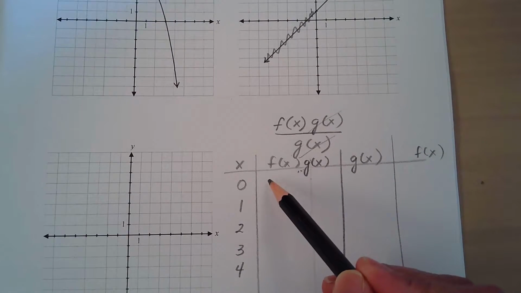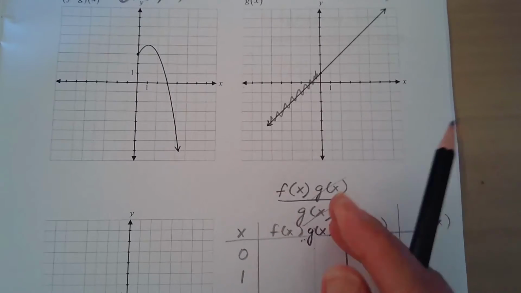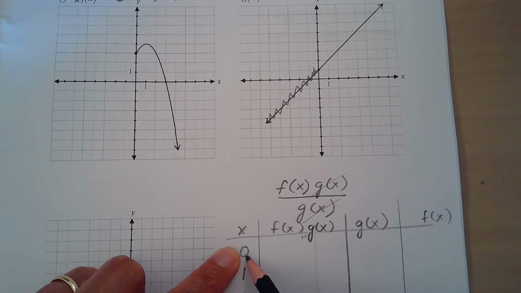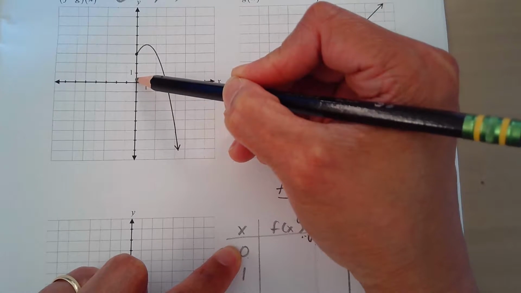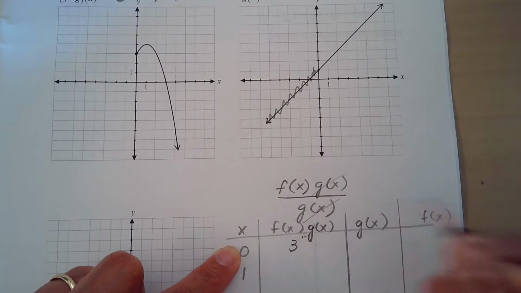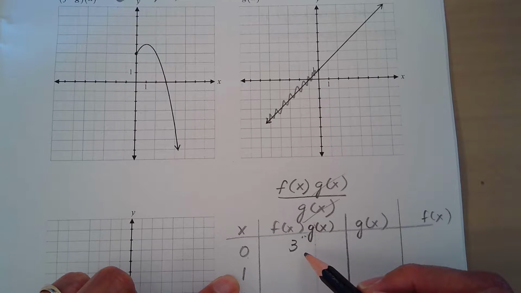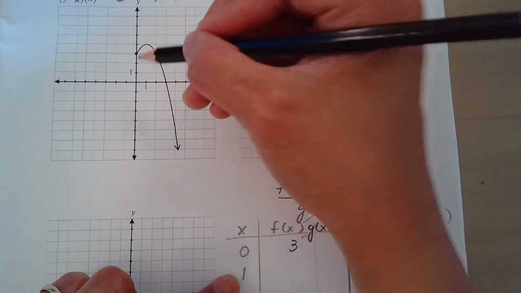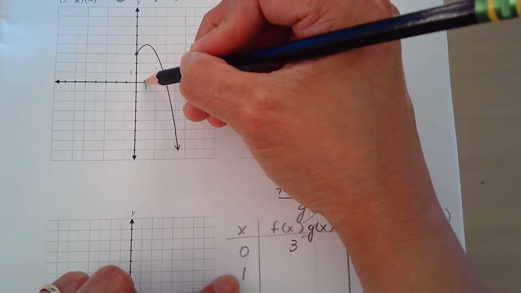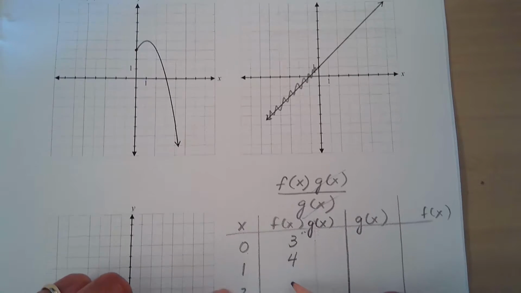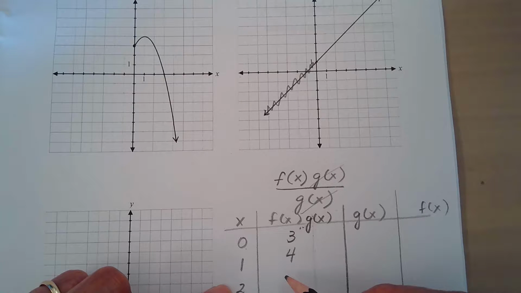So from here, if x is 0, what's the value of this? If x is 0 here, it's going to be 3. If x is 1, what is the value of f times g of x? If x is 1, the value of f times g of x is 4. If x is 2, what is the value of f times g of x? 3.